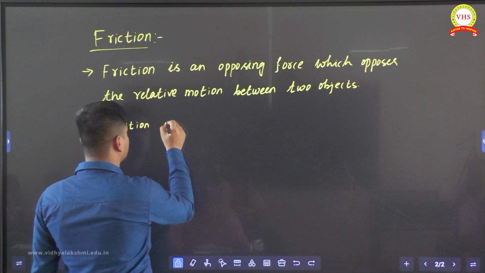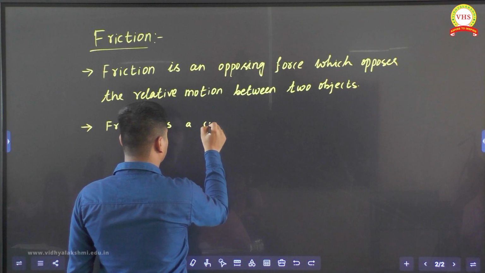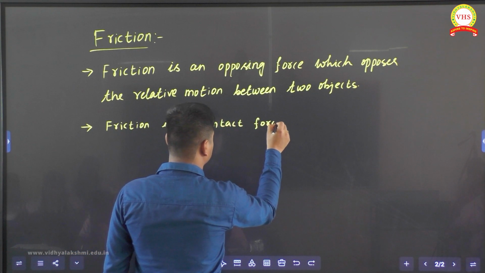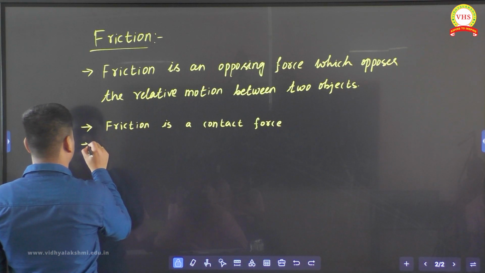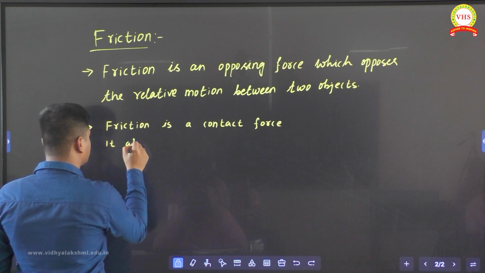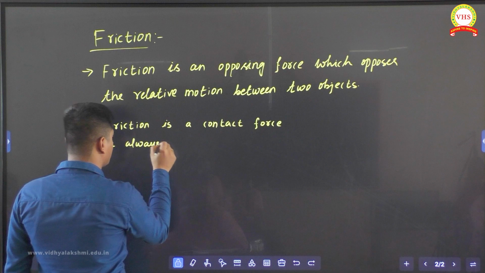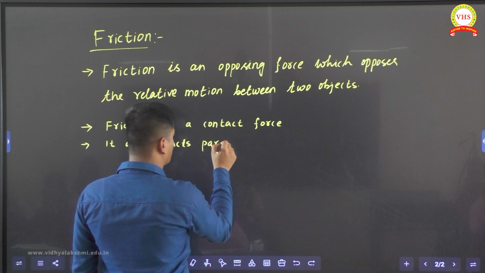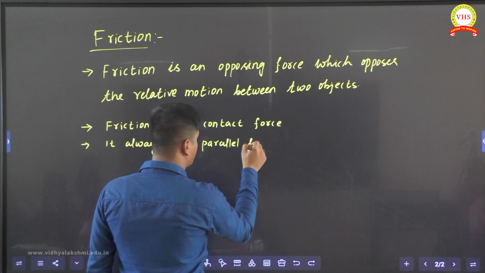Friction is a contact force. And it always acts parallel to the contact surface.